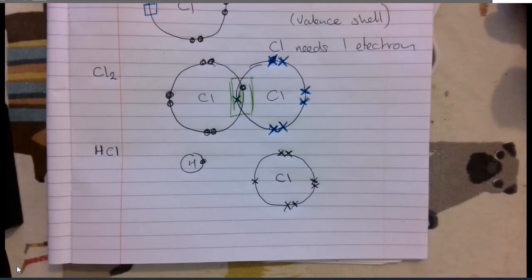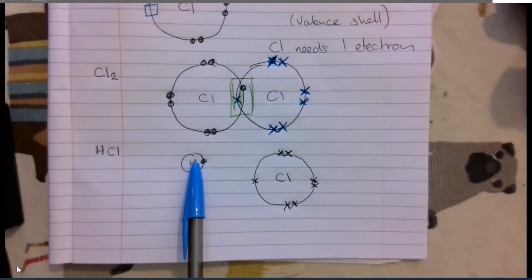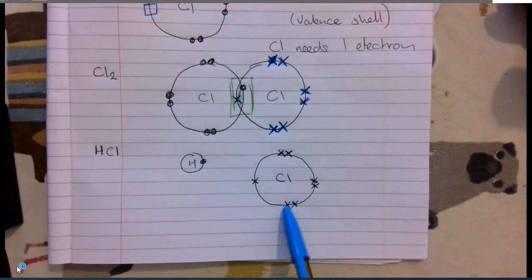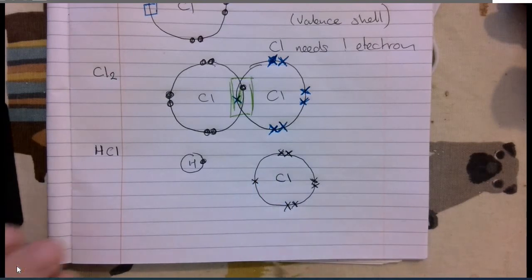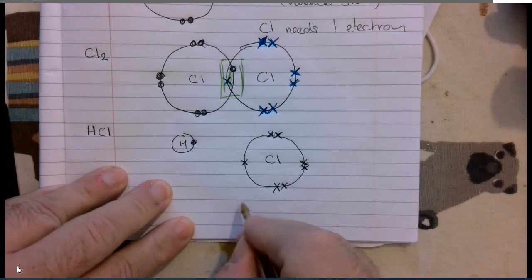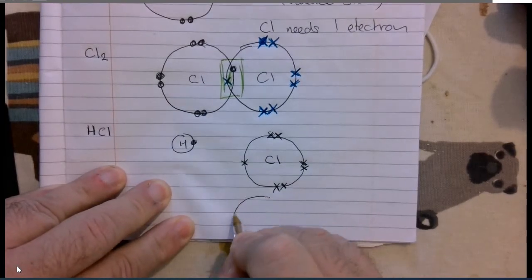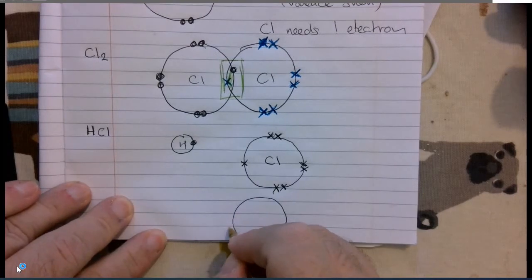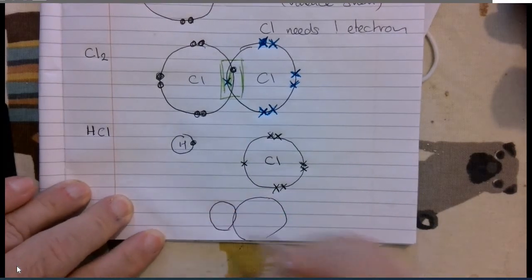Now you can see here that hydrogen has 1 electron in its outer shell, so needs a maximum of 2. Chlorine has 7 electrons in its shell, so needs to get to 8. Now, if we are going to join these together, I'm going to redraw this. And I do apologise, but I've gone off the end of the paper. I'm going to overlap the circles.